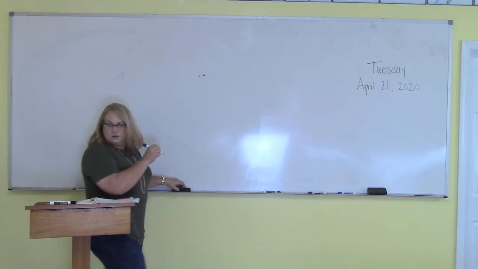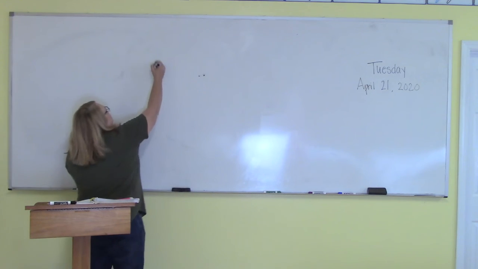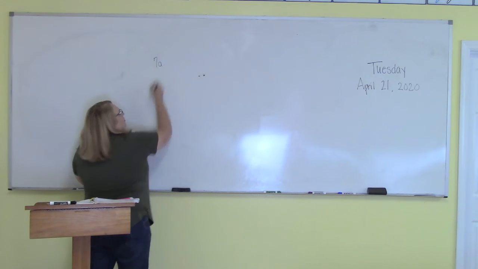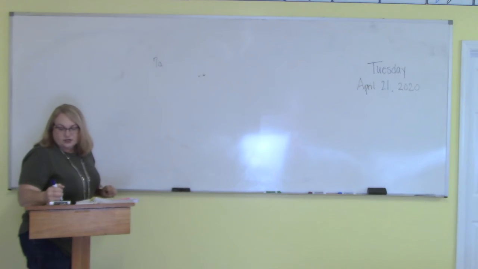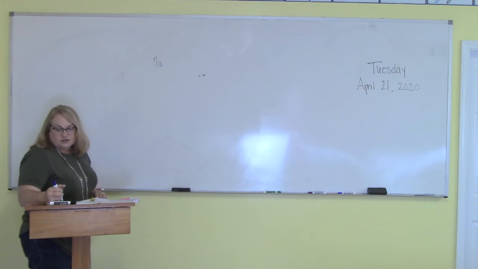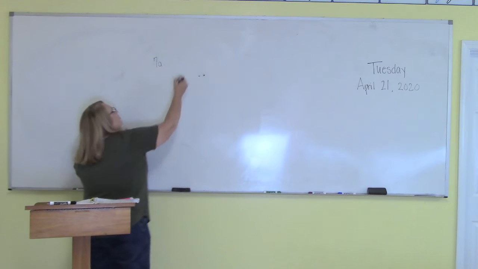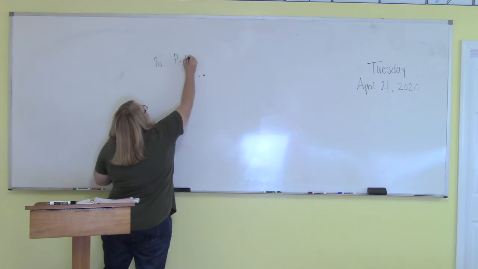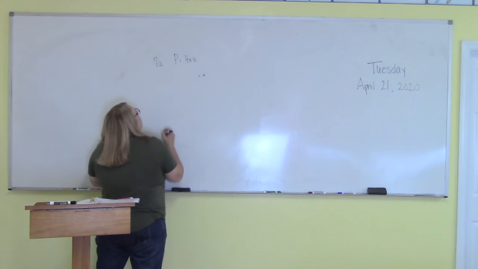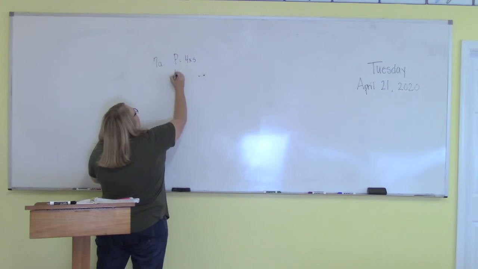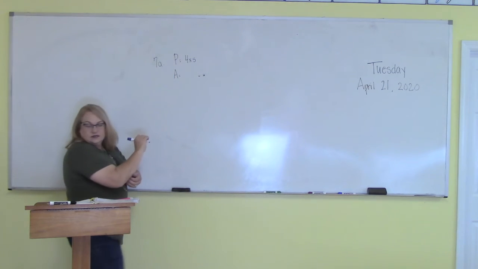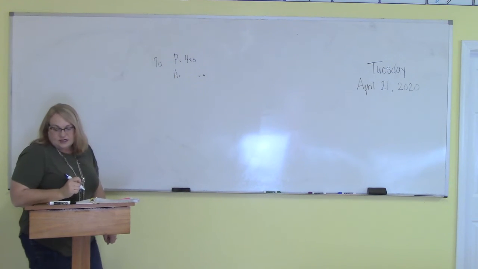So number 7A, you're going to be finding the perimeter and the area of these shapes. So for a square, the perimeter is 4 times S. The area is side times side.